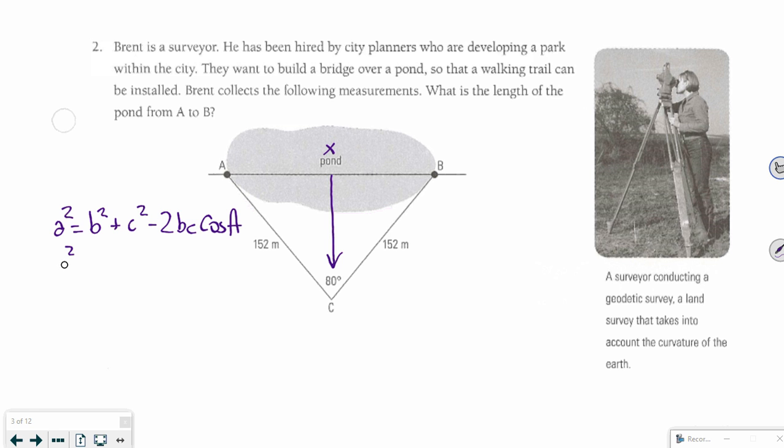I just called it x, so we're going to say x squared equals my other two sides. So 152 squared plus 152 squared minus 2 times 152 times 152 times cos of my angle, which is 80 degrees.